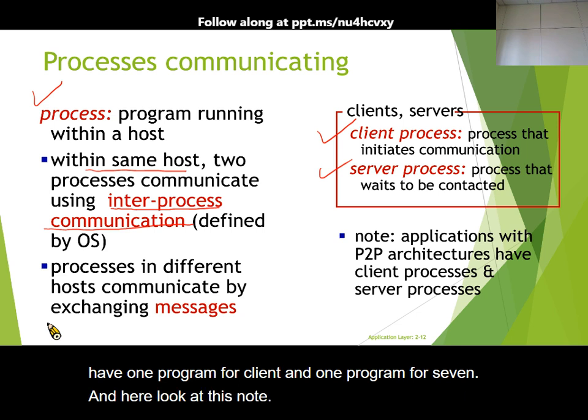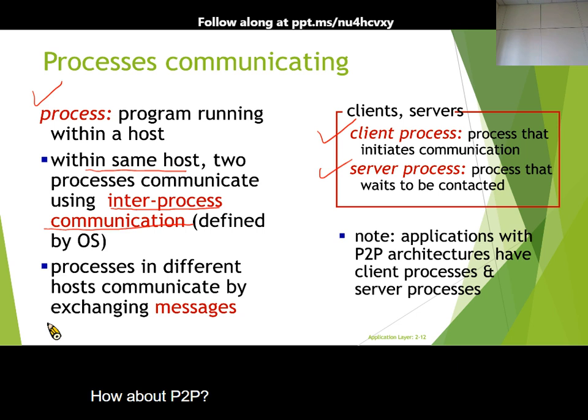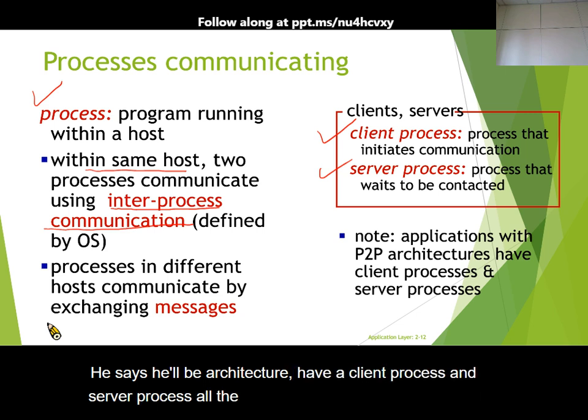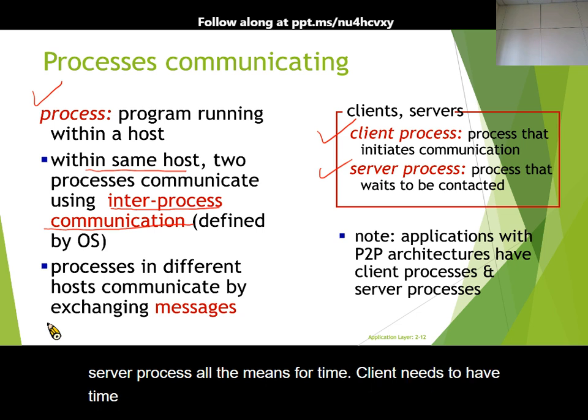How about P2P? It says P2P architecture have a client process and server process. What it means? For P2P, each peer needs to have the original client and server process.